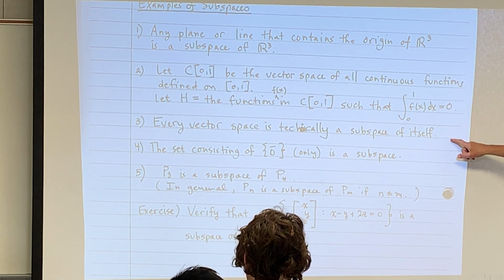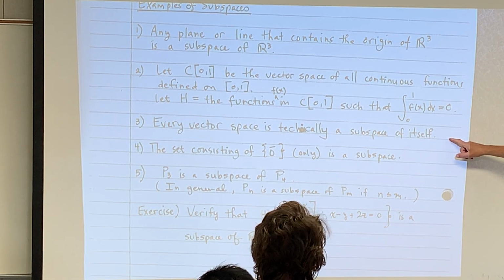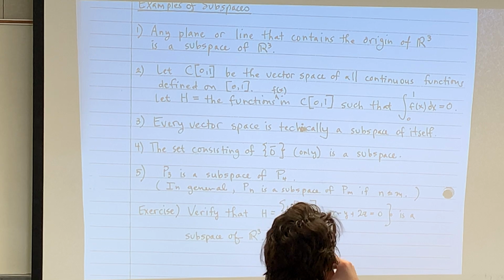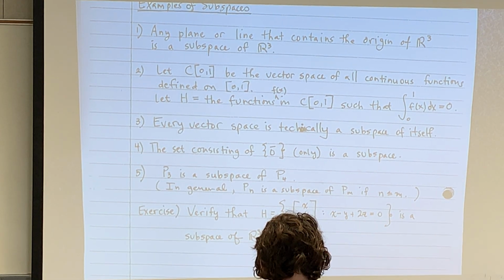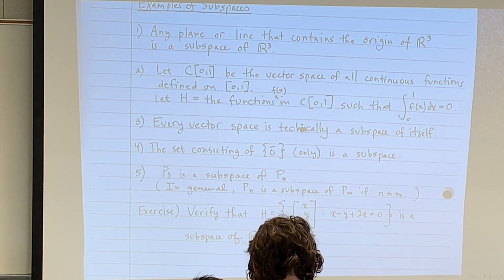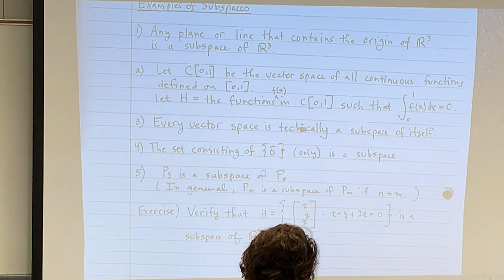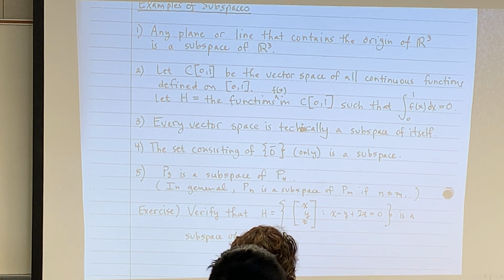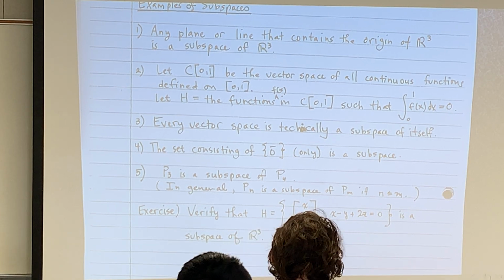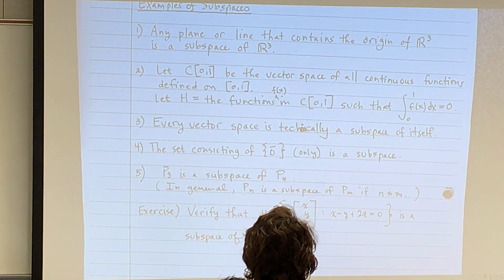Also, number 3, every vector space is technically a subspace of itself. So we just got to get used to that. It just is a convenience when you're talking about subspaces to include the space itself. And the set containing only the 0 vector is a vector subspace. Why anybody would care, I don't think many people do, but it's technically absolutely true that the set of 0 is a subspace.